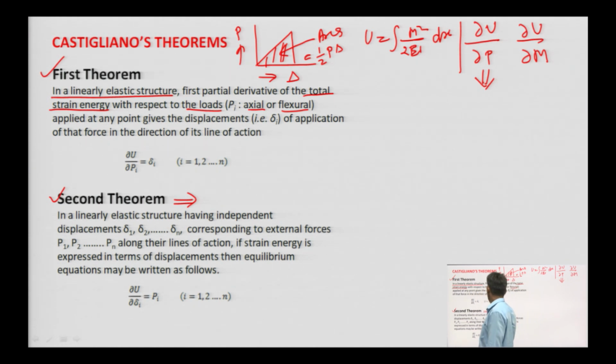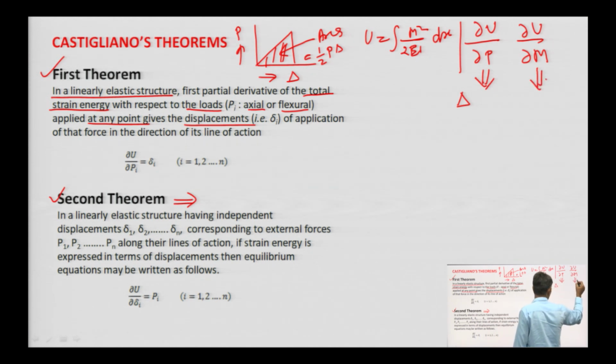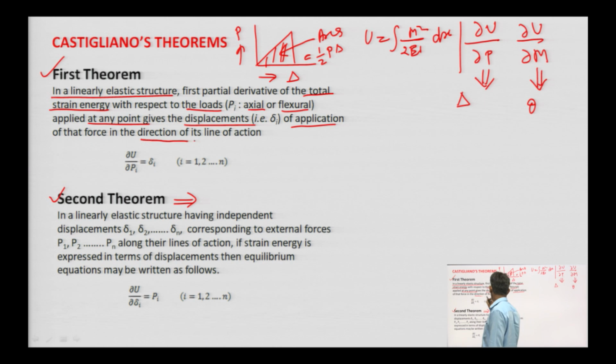The first partial derivative of the total strain energy with respect to the load applied at any point gives the displacement. The value of this derivative is the displacement. In the case of axial it will be the displacement delta, and in this case it is the slope. It is the displacement of the point of application of that force in the direction of its line of action.